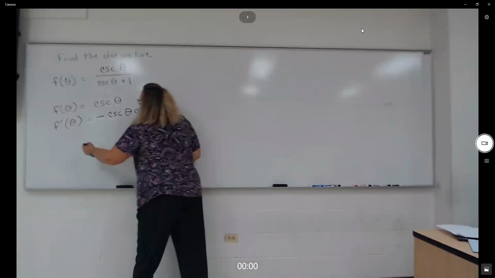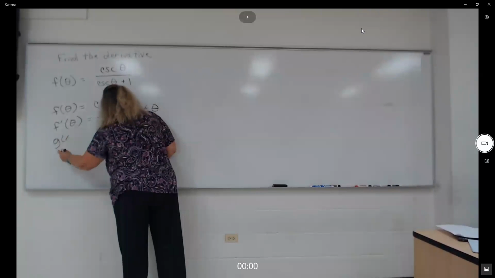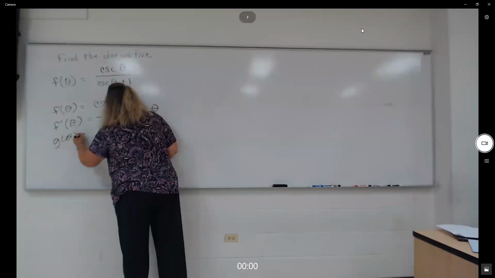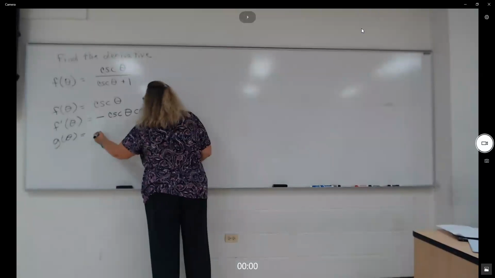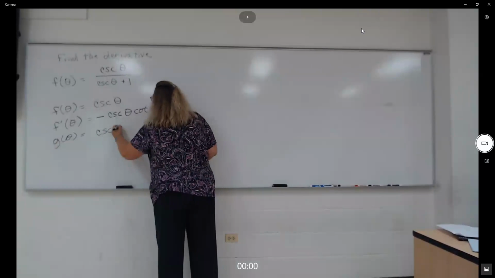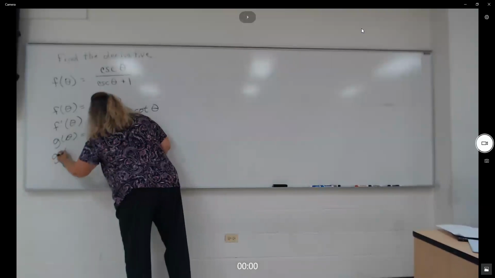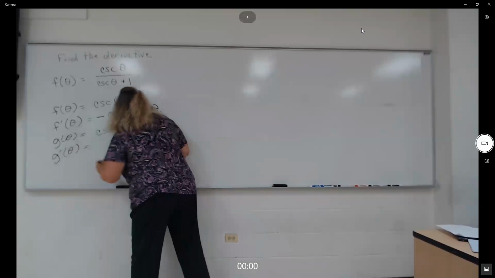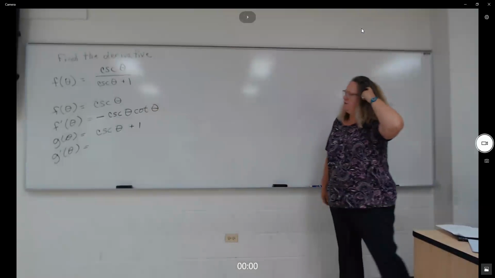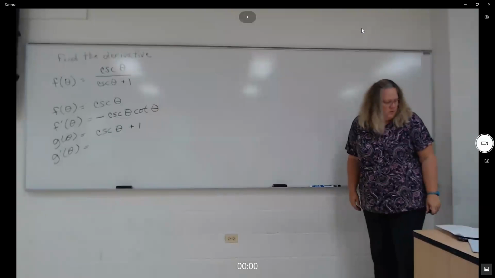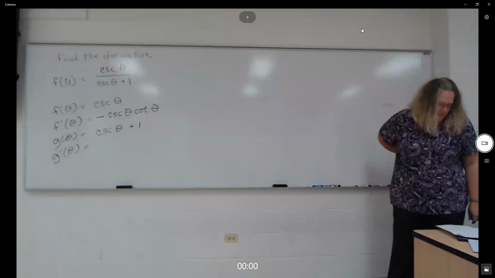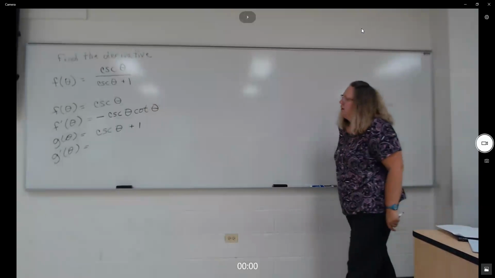Okay, so now this one, g of theta, is the bottom: cosecant plus 1. And what is its derivative? Negative cosecant theta, cotangent theta.